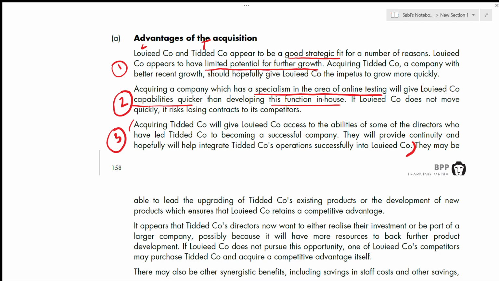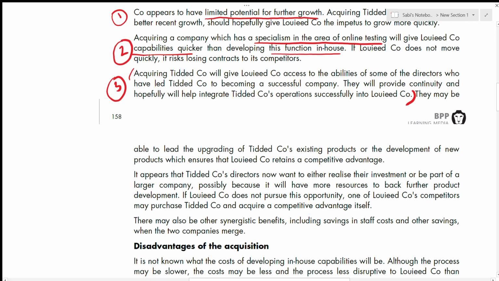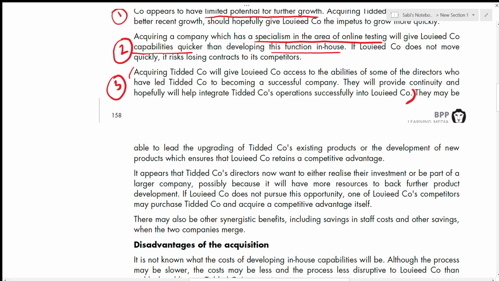But let's see what they have written, just for understanding. It appears that TDET company's directors now want to either realize the investment or be a part of a larger company, possibly because it will have more resources to back further product development. So if Louieed does not pursue this opportunity, one of Louieed's competitors may purchase TDET company. Again, they are saying the same issue: if they don't purchase, a competitor will purchase and acquire the competitive advantage itself.